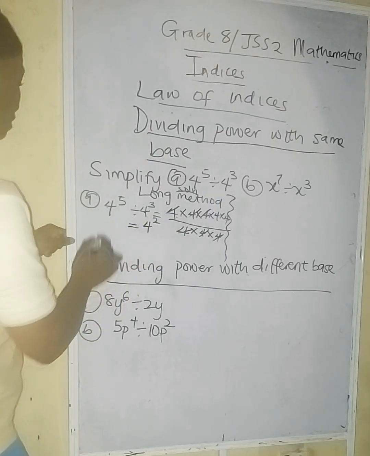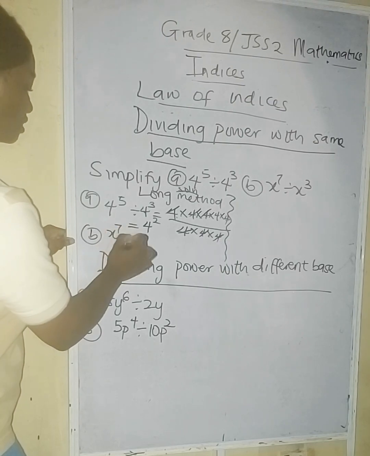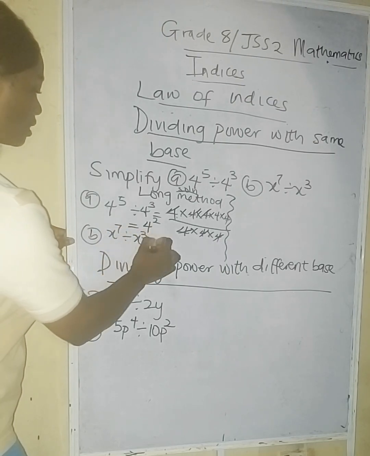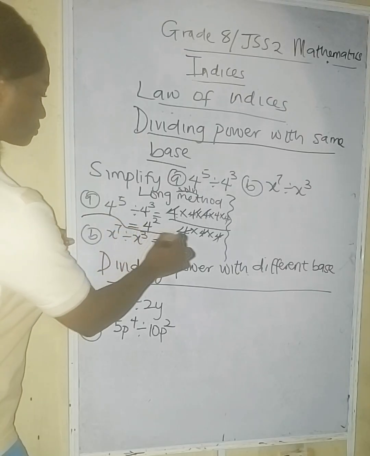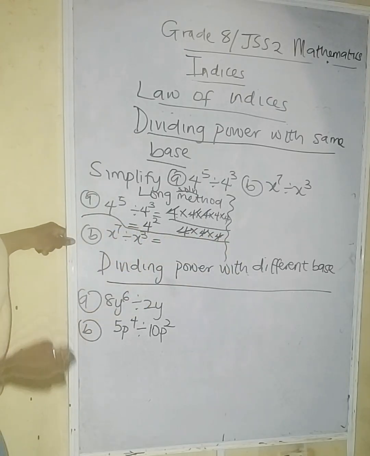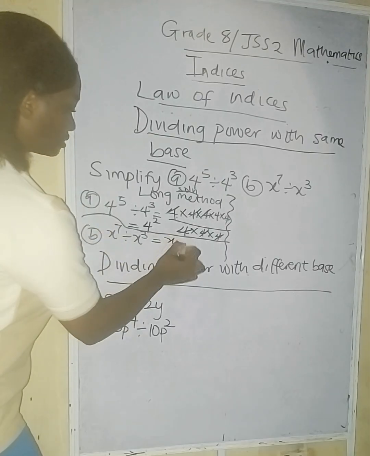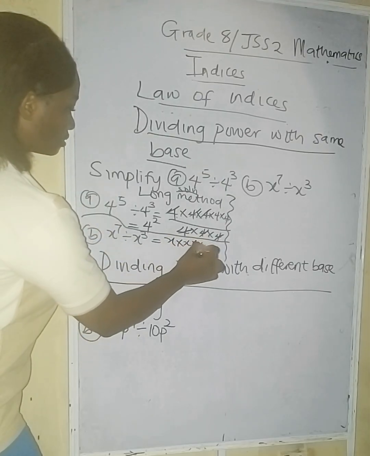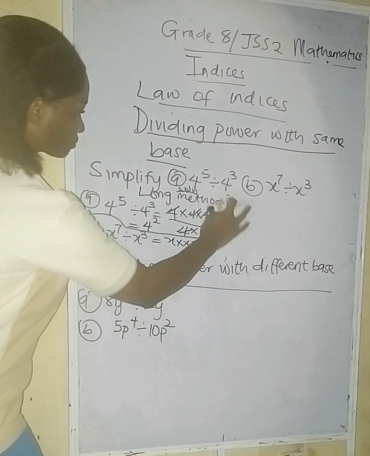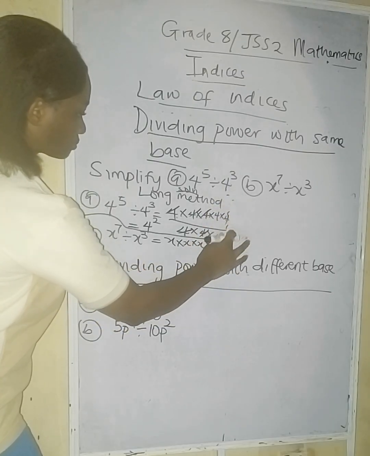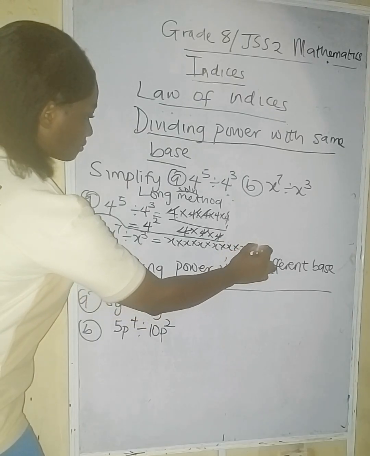Alright, so now this is for the second one. We have x raised to the power 7 divided by x raised to the power 3. Alright, so let's do the magic now. So we are going to count this 7 times: 1, 2, 3, 4, 5, 6, 7.